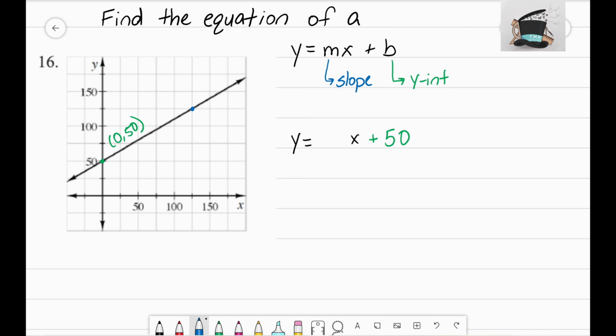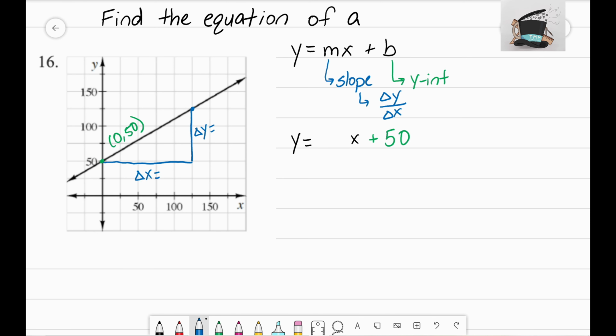And what I want to do now is I want to create my slope triangle. Okay, we spent lots and lots of time on doing slope triangles in semester 1. Remember, all slope is a fraction, and that fraction is delta y over delta x. I need to figure out what my delta y is and what my delta x is.